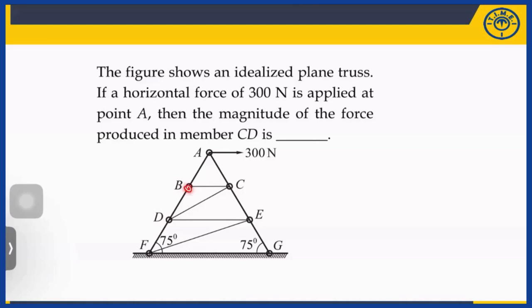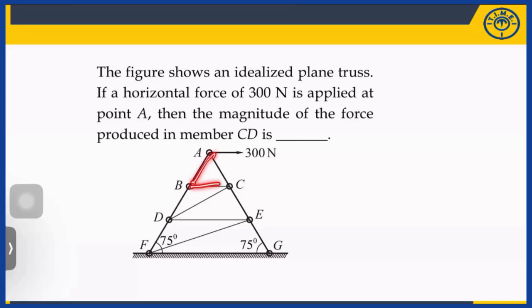For example, if you are taking this joint, how many members are meeting at this joint? Tell me. 3, sir. So which are those three? AB, BD, and BC. Okay, out of which two are collinear?